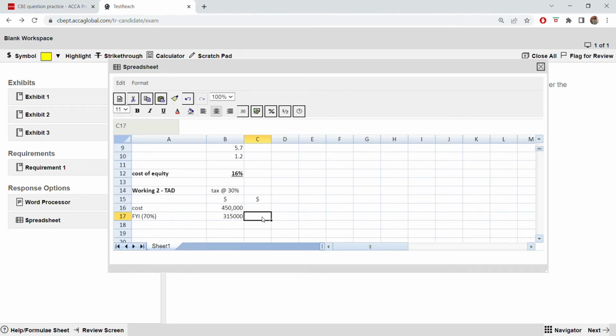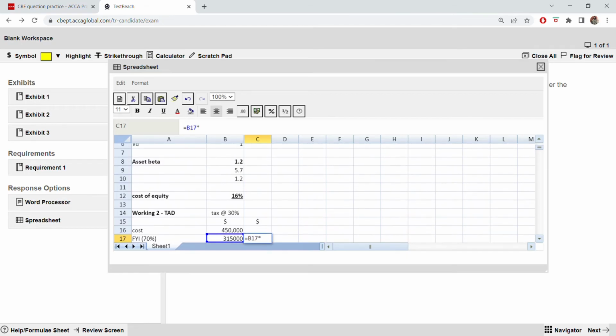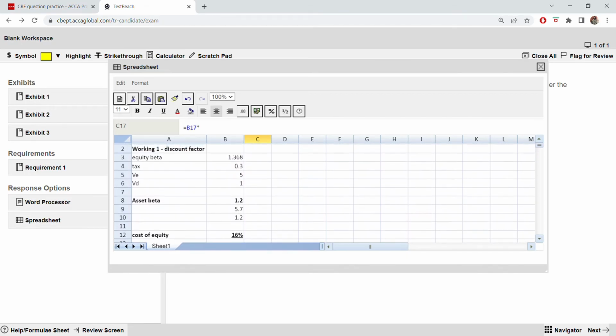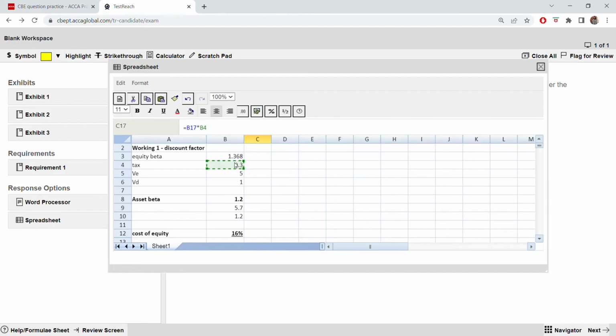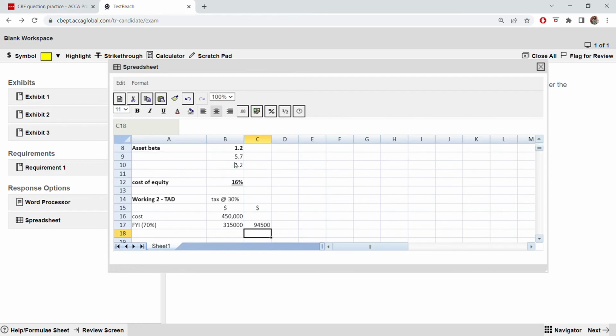But okay, what's next? Tax at 30%, no? What will be the tax? Equal to this into, we already have the tax 30% here, 0.3, enter, 94,500.